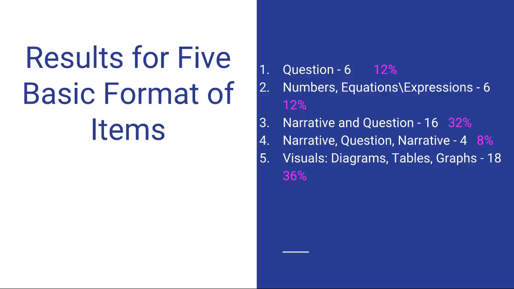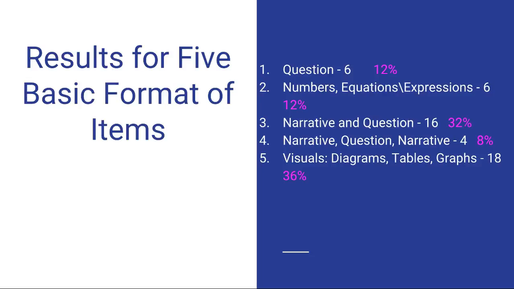Here are the results. Question, there were 6 questions. That's 12% of our test. Number 2, there were 6 items that had numbers, equations, and expressions. Again, 12% of our test. There were 16 items that had a narrative and a question, which was 32% of our test.